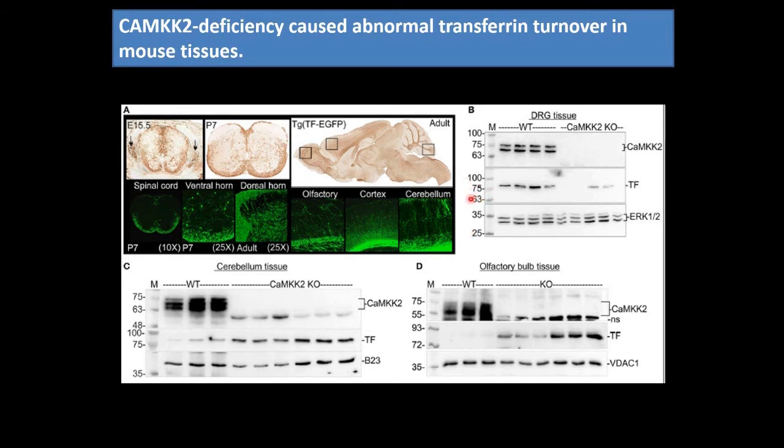These immunoblots show that CAMKK2 knockout mouse DRG tissues exhibited significantly reduced transferrin. In contrast, transferrin content was dramatically increased in the CAMKK2 knockout mouse cerebellum tissues and olfactory bulb tissues.